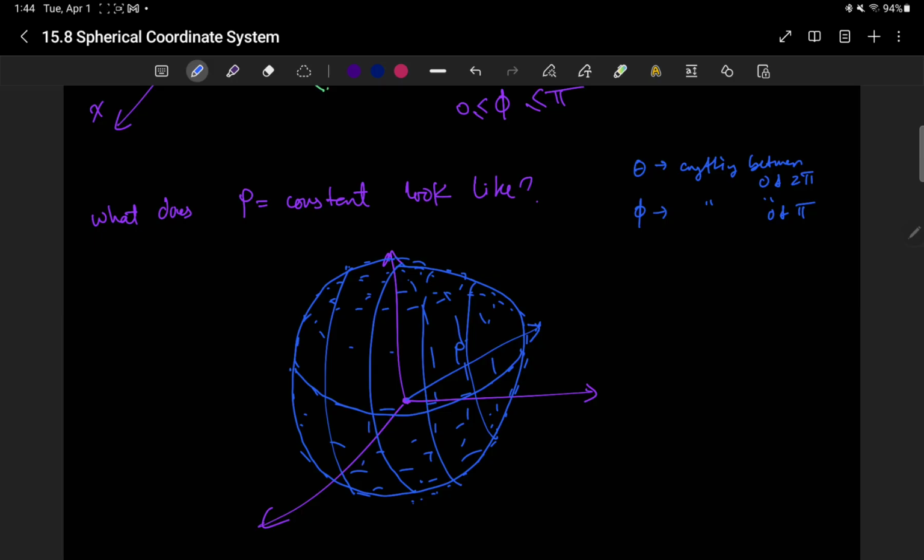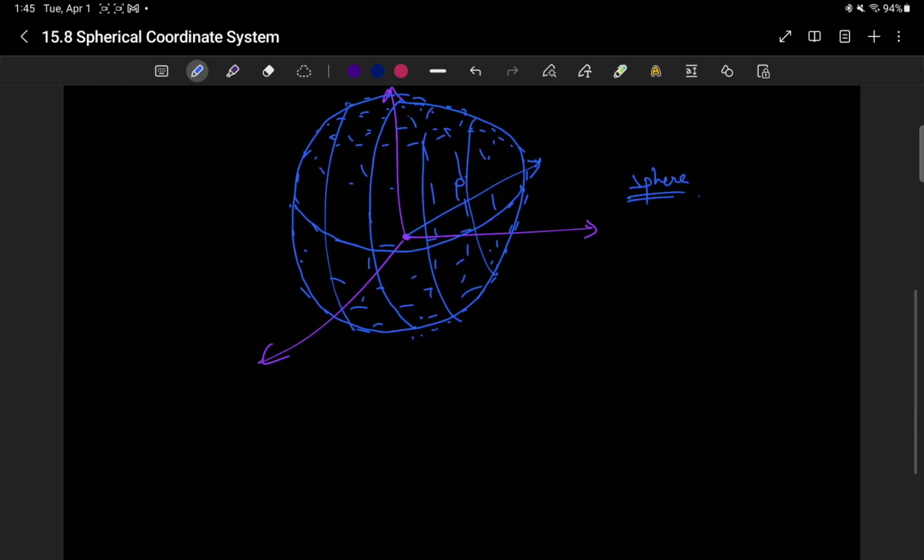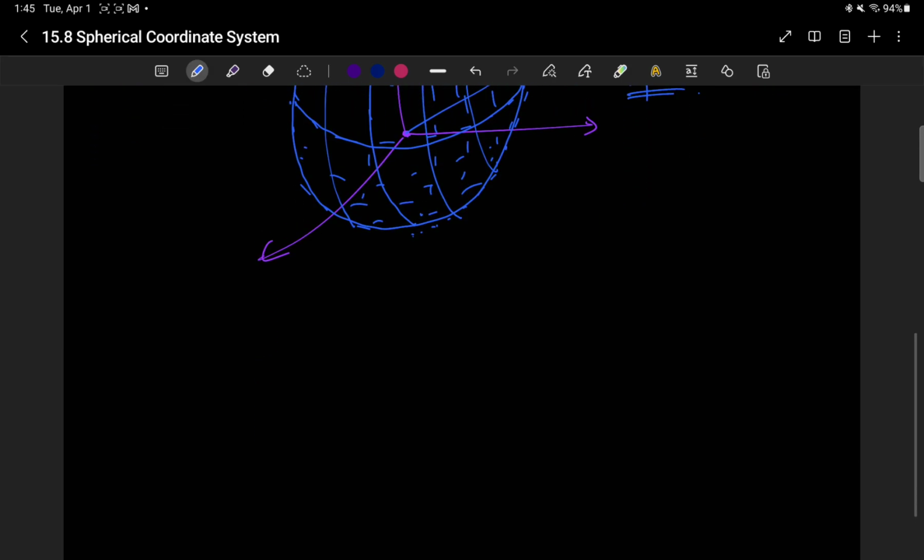It's not a very good picture, but it becomes a sphere. Okay, so similarly, you can try and see what the different, keeping theta constant, it's still going to be a plane, and what happens if you keep phi a constant.